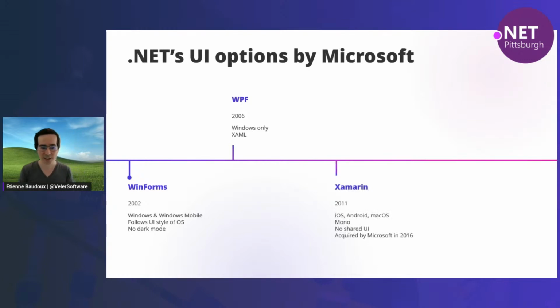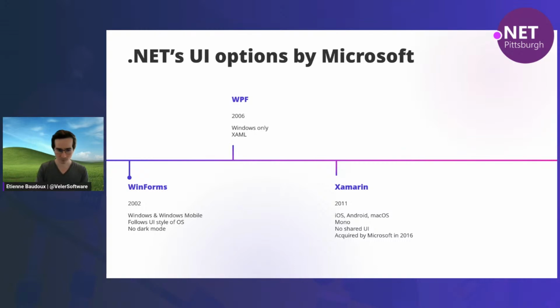Then in 2011, there was a company and also a project called Xamarin that got involved. This company got acquired by Microsoft in 2016, and the idea behind Xamarin was to allow people to make apps for iOS, Android, and macOS using Mono, which is an open source implementation of .NET framework.